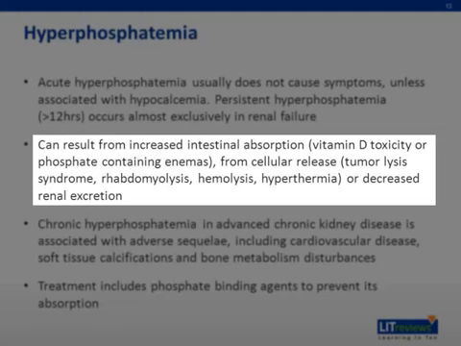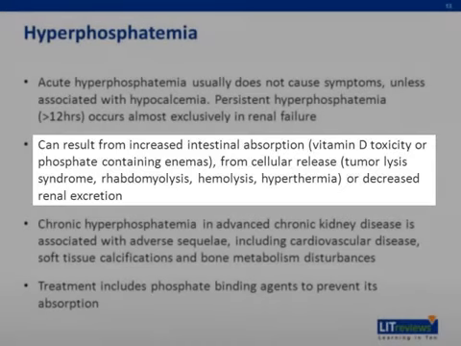A common etiology is the rapid release of cellular content, like happens in tumor lysis syndrome after chemotherapy or in fast cell turnover. It also occurs in rhabdomyolysis, acute hemolysis, hyperthermia, or decreased renal excretion.